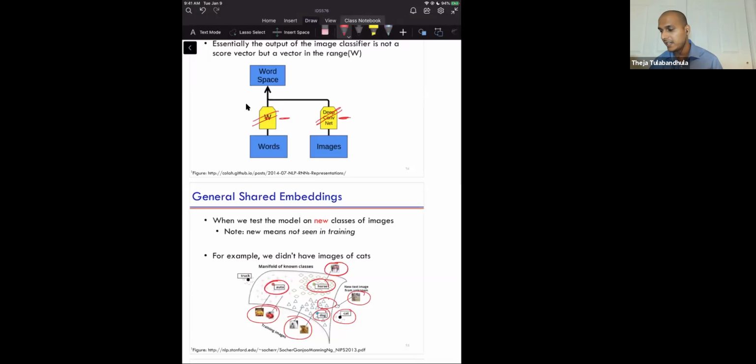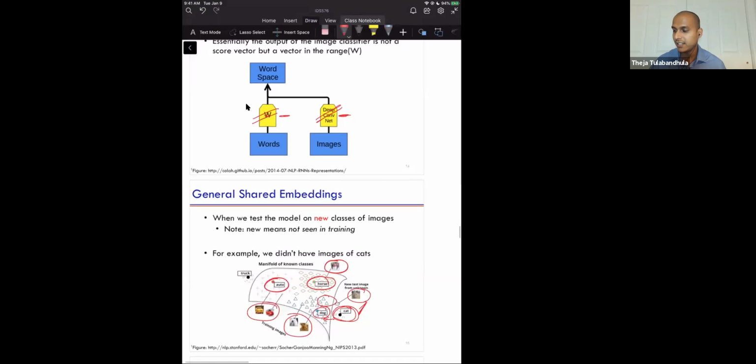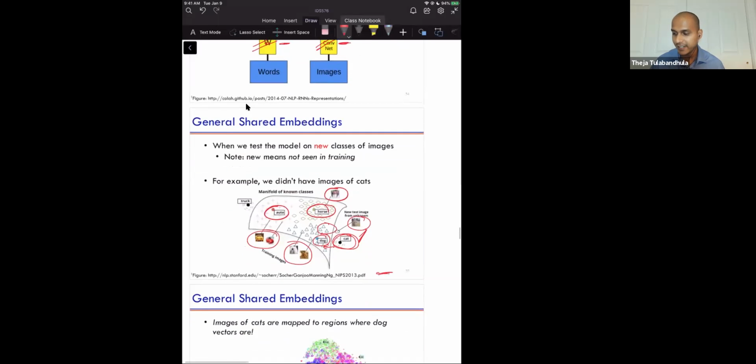Not just that, the cat image is close to the images of dogs, and the cat word is close to the embedding of the dog word, and so you may potentially even align these two. These are research ideas, just to give you a sense that you don't have to restrict yourself to a classification task to learn an embedding.